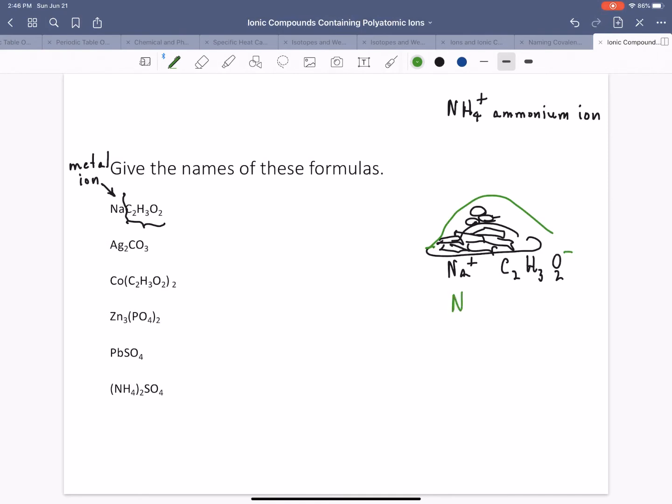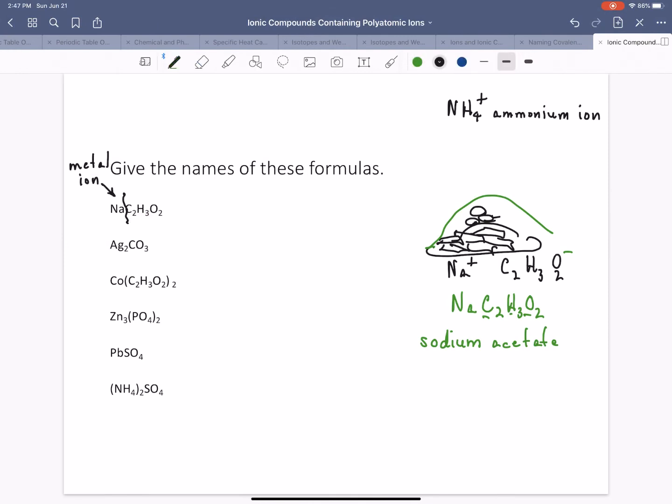And then somehow in their brains they connected sodium acetate with nacho and have never forgotten the order of these letters or what numbers go with them. So if you need help thinking of ways to remember, like acetate is C2H3O2, just ask. I probably have had some clever students in the past that can help us out.